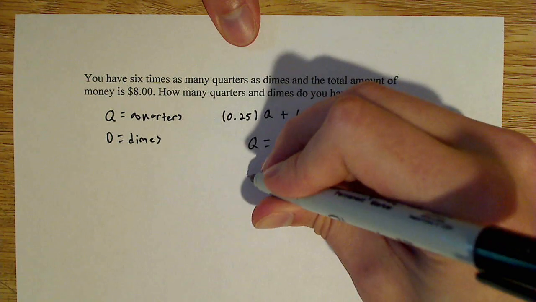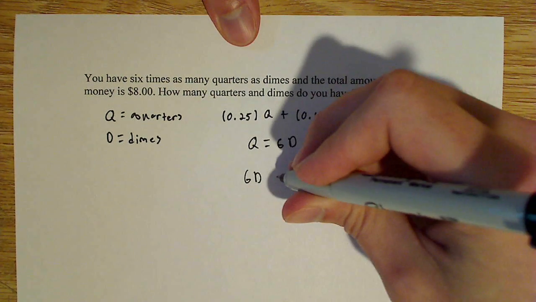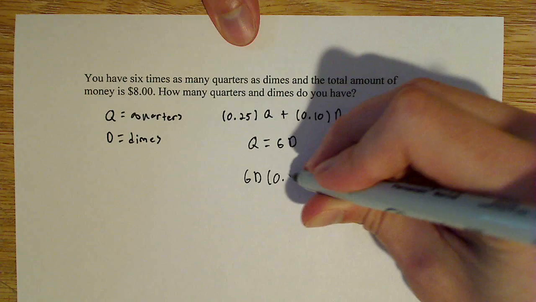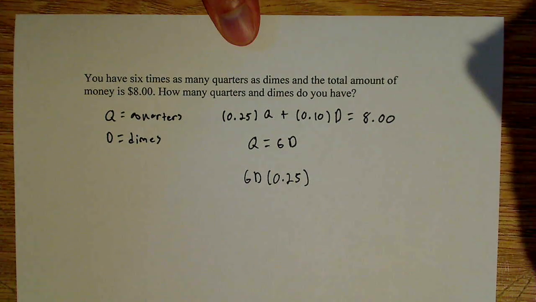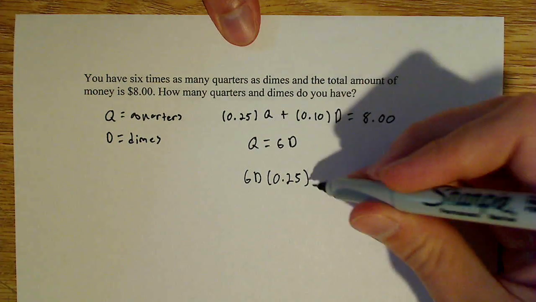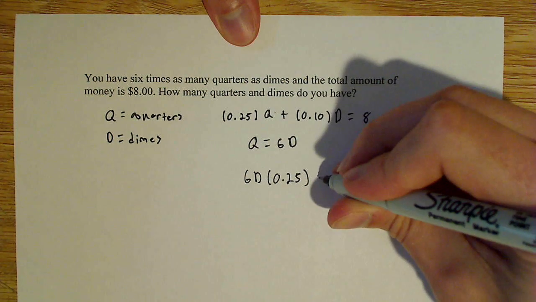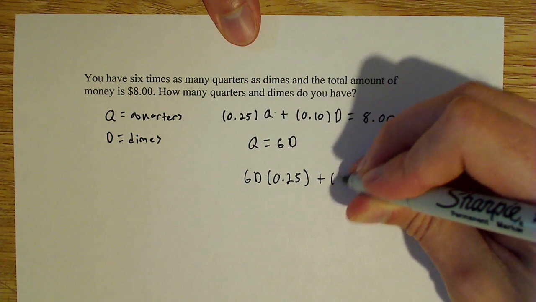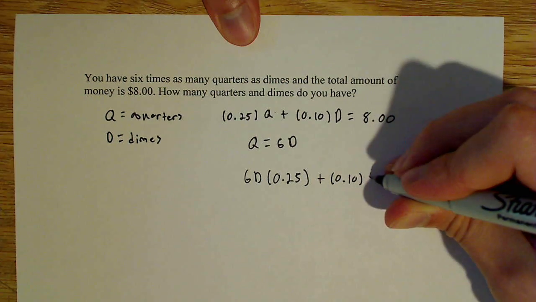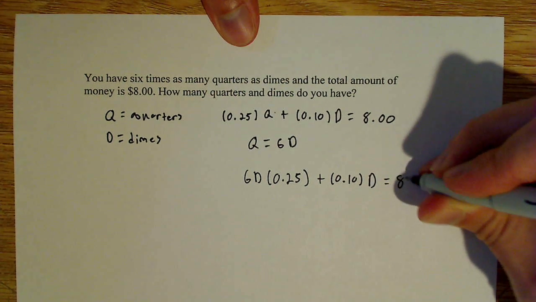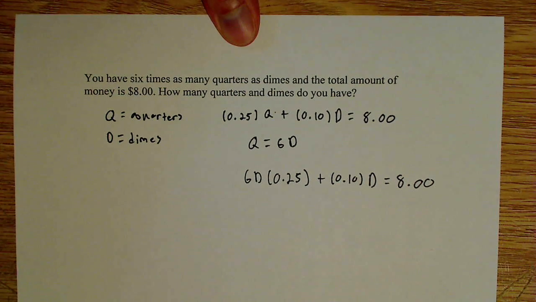So what I'm going to do is say 6D, and don't forget it's multiplied by 0.25, okay? So 6D times 0.25, because this is only taking care of the Q, not the 0.25. And then that's going to be plus 0.10D, and that's all going to equal $8. Okay?